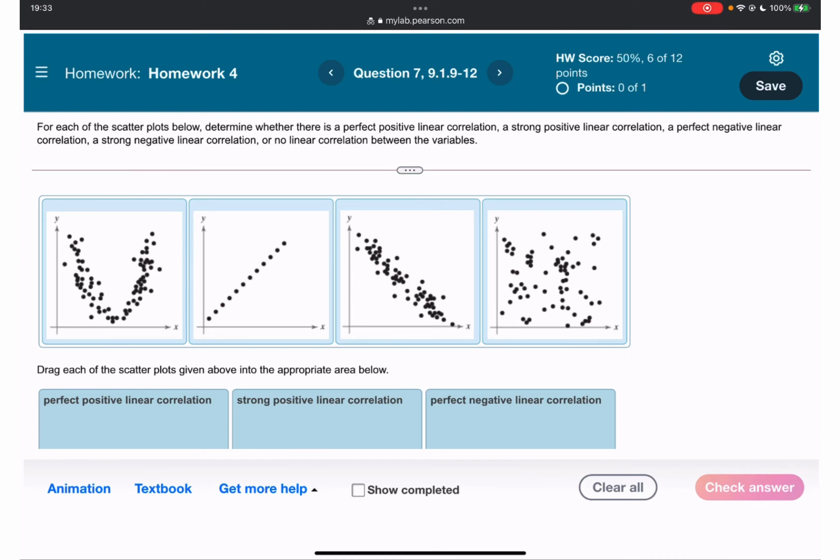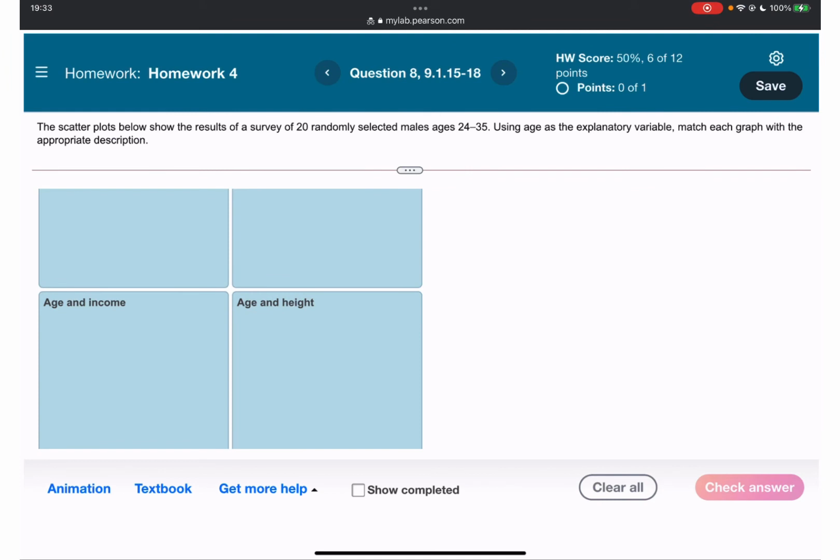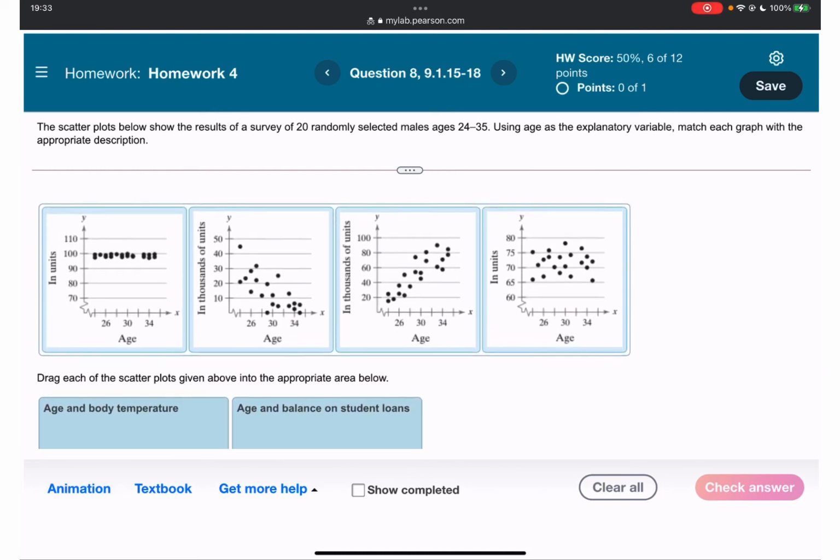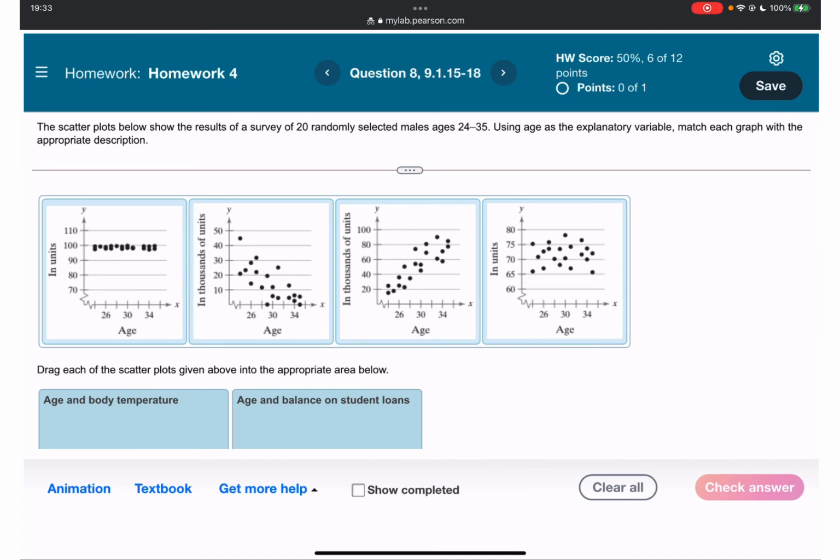Okay, moving to question number 8. Let's figure it out. We are going to again match up what we have. The scatter plot below shows the result of a survey of 20 randomly selected males aged 24 to 35.